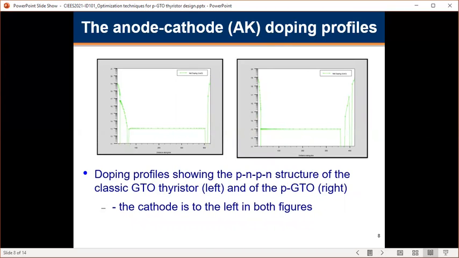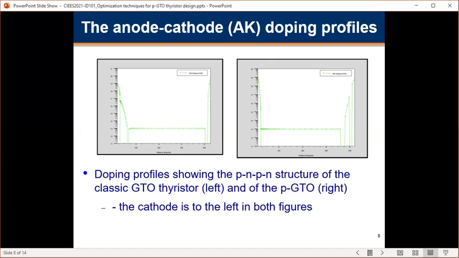In these drawings, we see the doping profiles of two devices. On the left side, there is the PNPN structure of the classic GTO thyristor with a low doped N base.